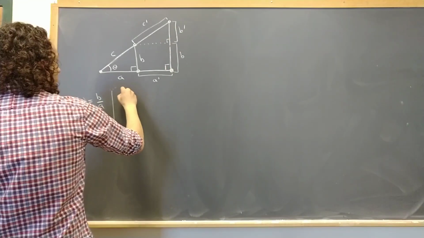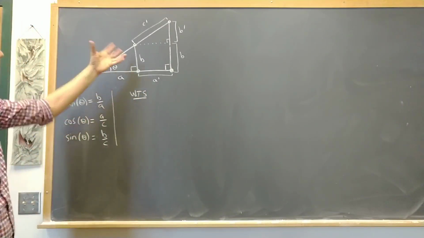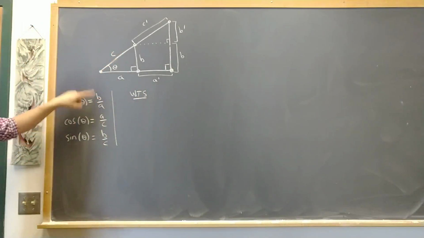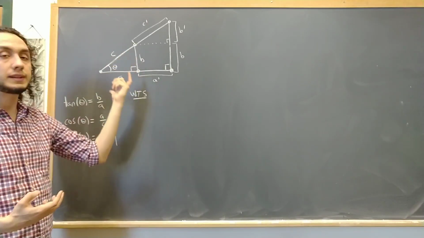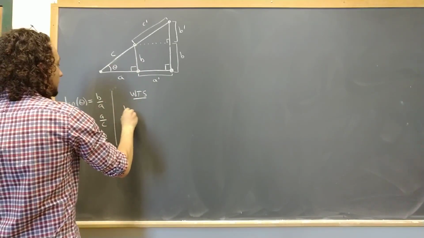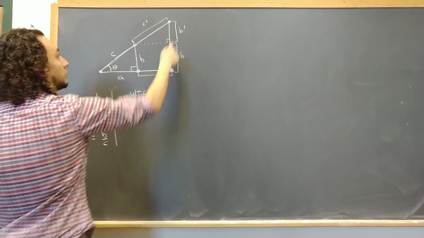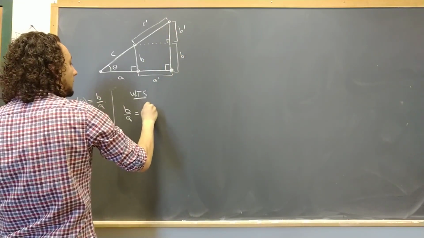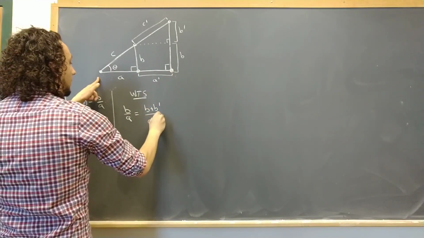So what we want to show is that the ratios of the length of the sides in the small triangle are the same as the ratios of the corresponding sides in the big triangle. So for example, for tangent, we want to show that B over A, opposite over adjacent, is equal to B plus B prime over A plus A prime.